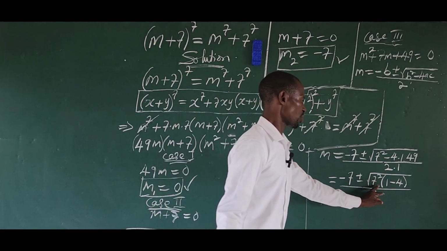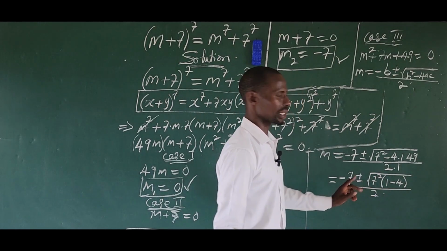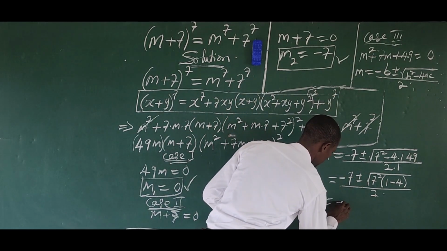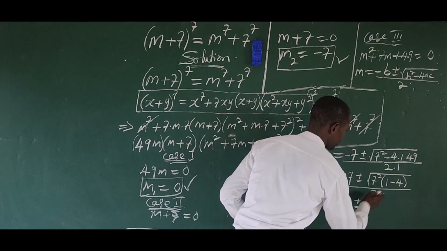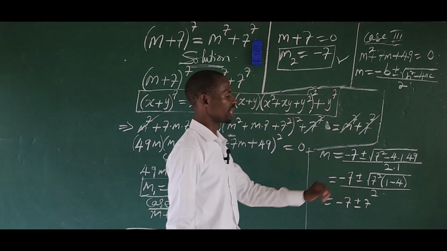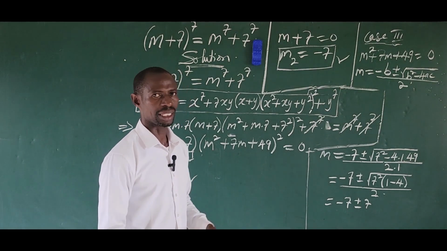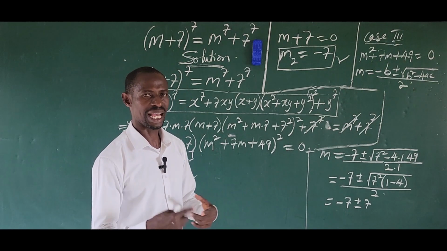So because this is square root, and here we have square, that can come out. So if that comes out, then we're going to have here our minus 7 plus or minus 7. Then we are now left with 1 minus 4, which will give us minus 3.